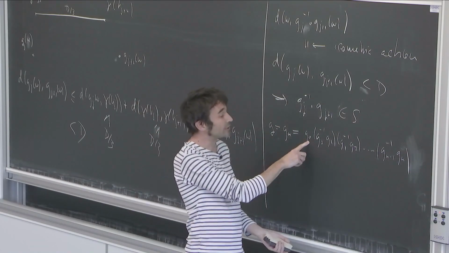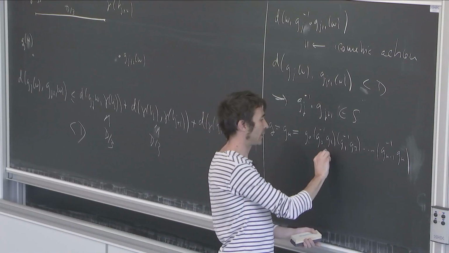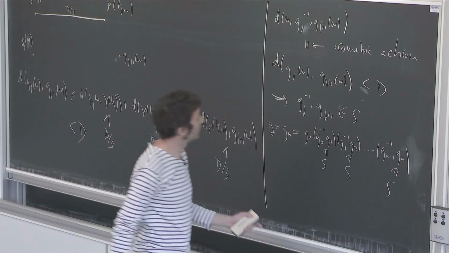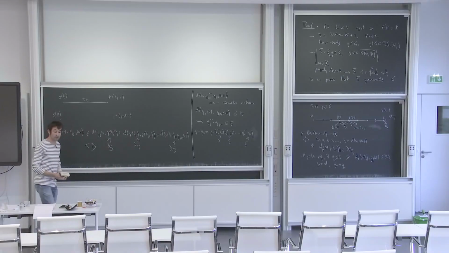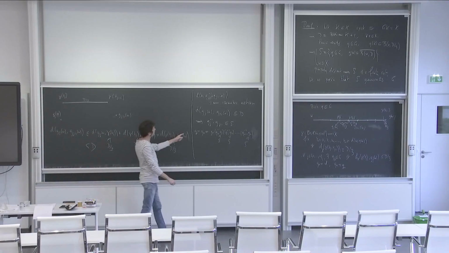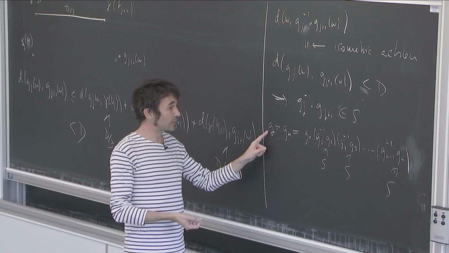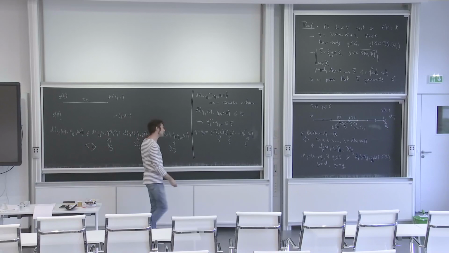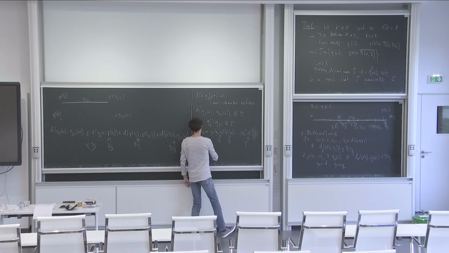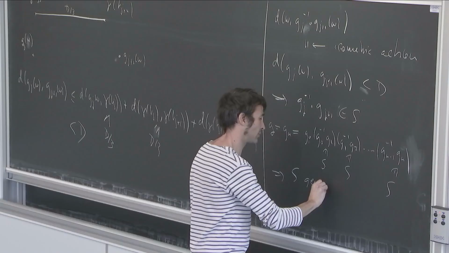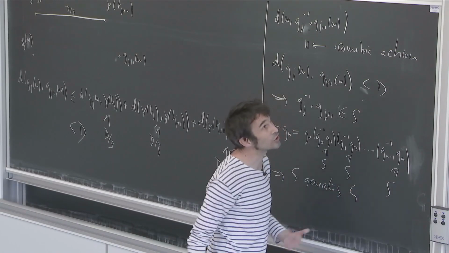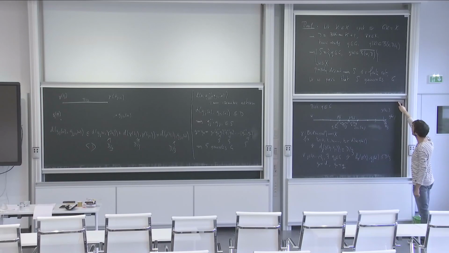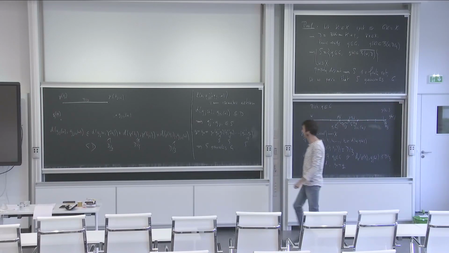So here G0 is the identity, so it does nothing. This one belongs to S, this one belongs to S, and they all belong to S. So what I've managed to do is to take a random element G and write it as a product of elements of S. So this means exactly that S generates G, and so G is finitely generated because I said that S was finite because the action was properly discontinuous.